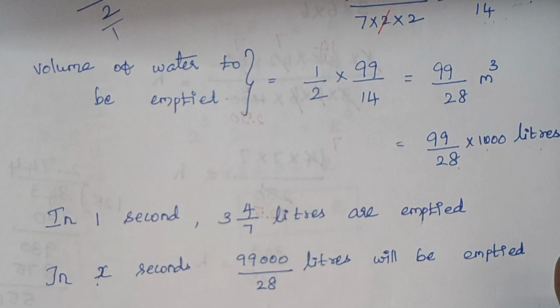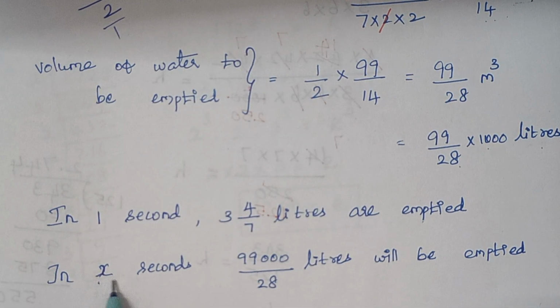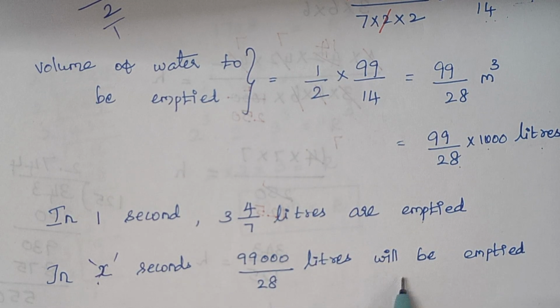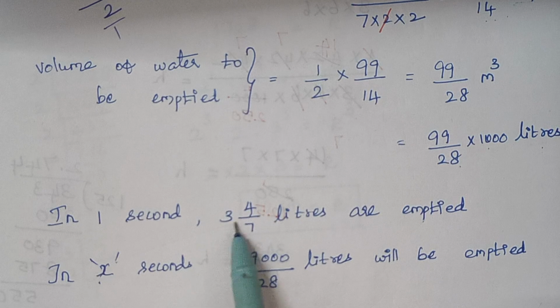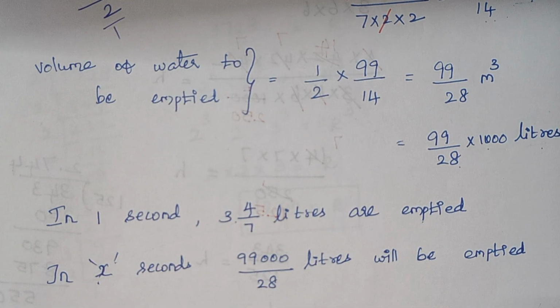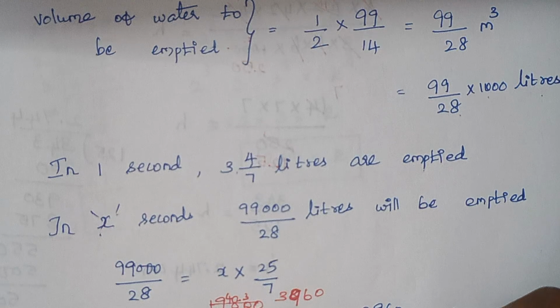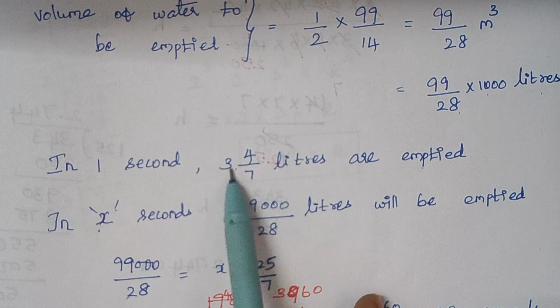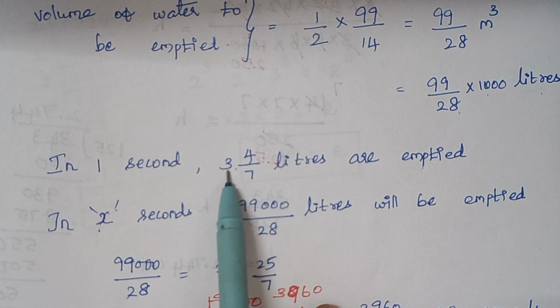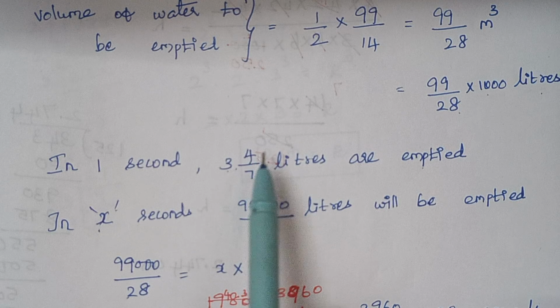We don't know the time, so let it be x seconds. In x seconds, 99,000/28 liters are emptied. Now we need to calculate x, so just do a cross multiplication. Multiply x with this and 1 with this. So we have 1 into this value equals x into 25/7, simplifying this term: 7 threes are 21, 21 plus 4 becomes 25.